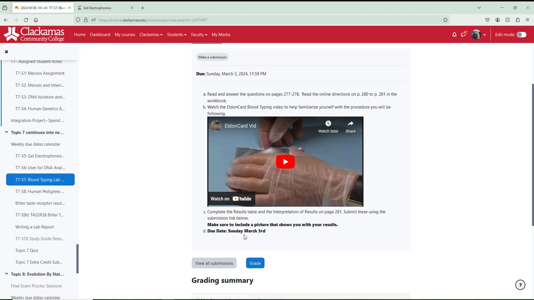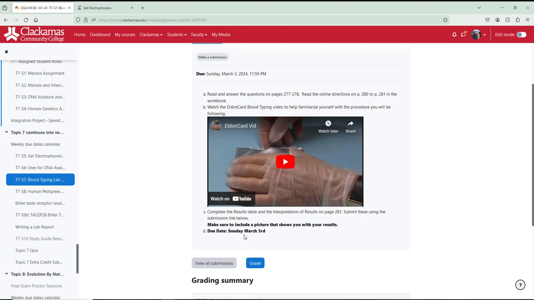Once you've collected your blood sample and put it through the little Eldon card thing, then you're going to see where clumping occurs in your blood. So if there is clumping, then that means that you are present for that antibody, okay?